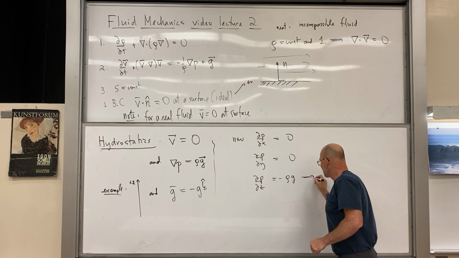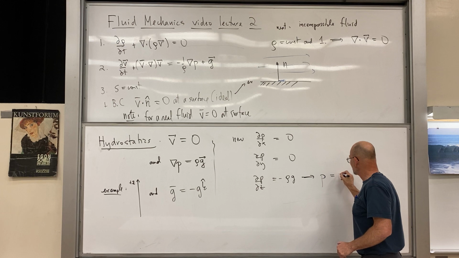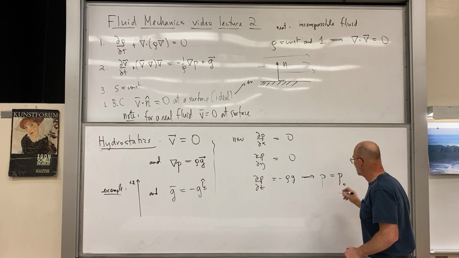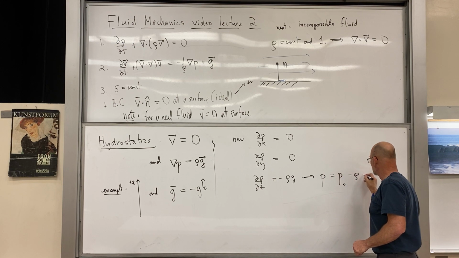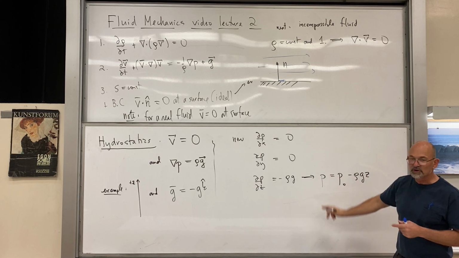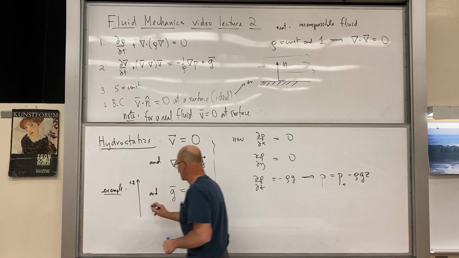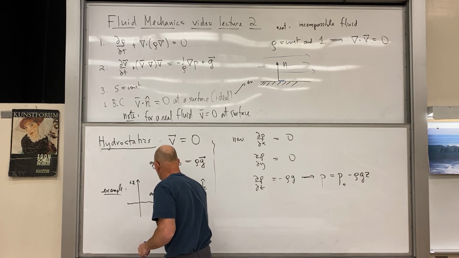So this can immediately be integrated up. P is equal to P0 minus rho gz. So that's the pressure depth formula if we were at some surface here.